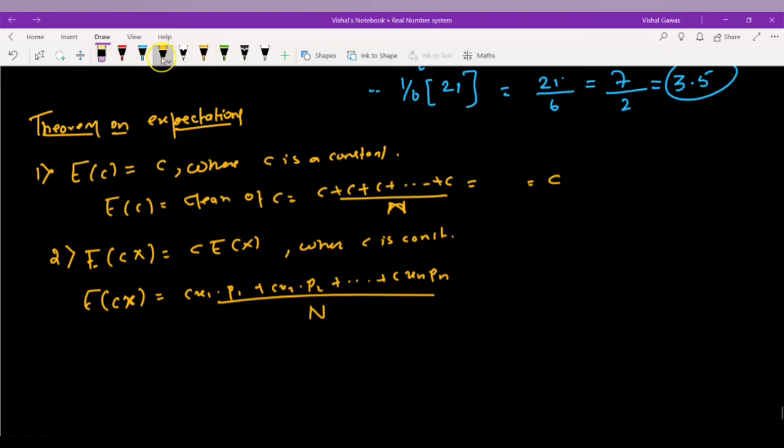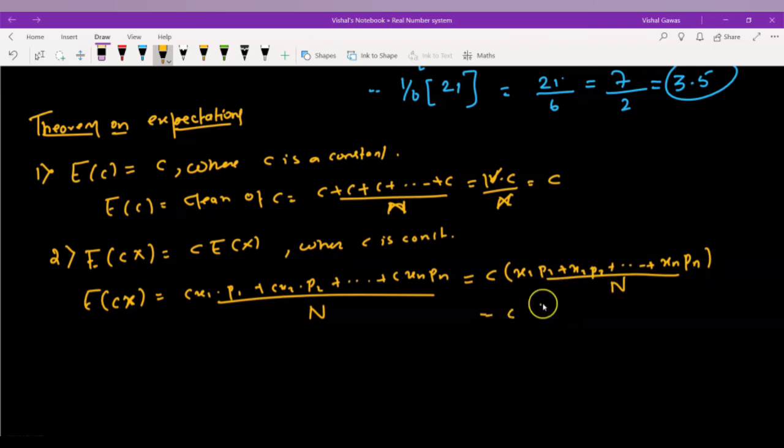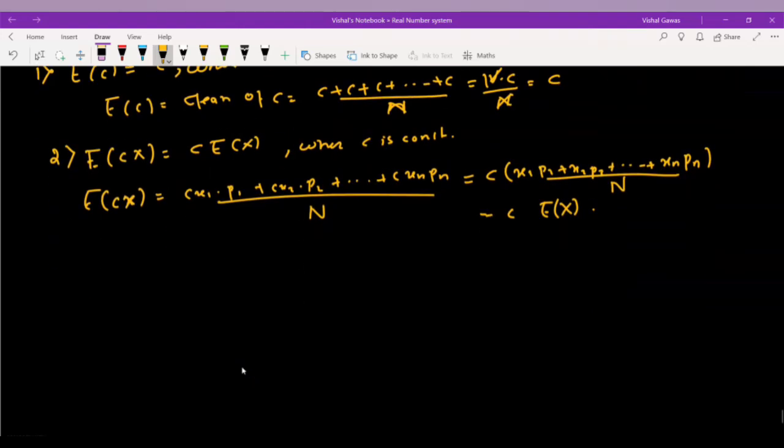Then it's capital N times C over N, and this gets cancelled. But I can take C common, and then I get x1 p1 plus x2 p2 plus so on till xn pn over n. And this is nothing but c times E of x, the definition of E of x. So that's the second one.